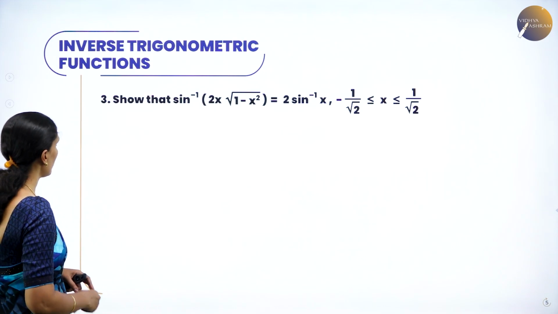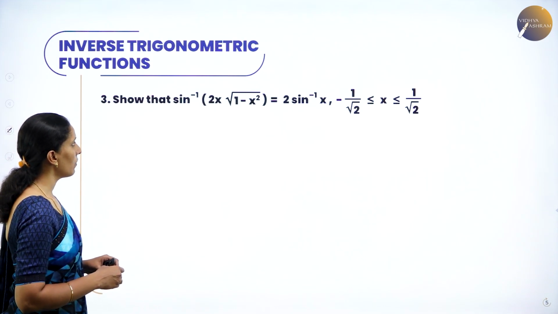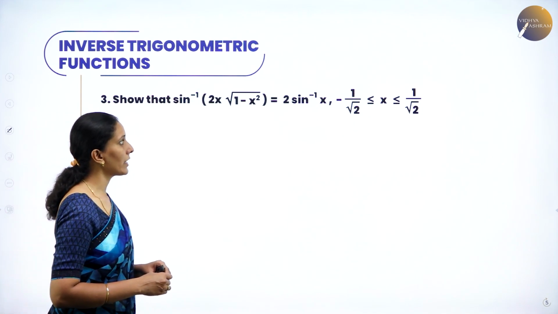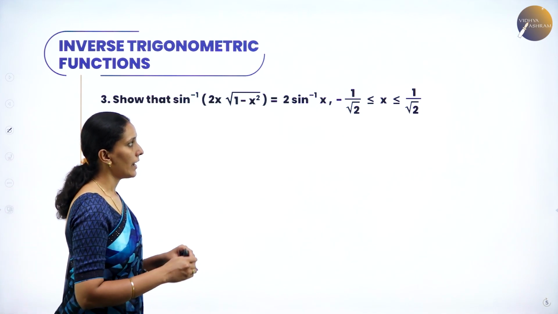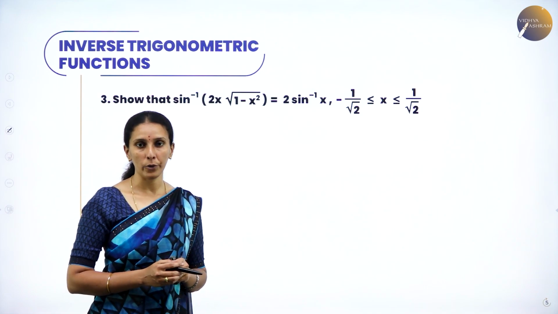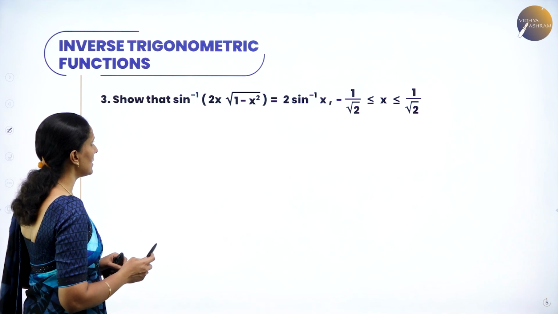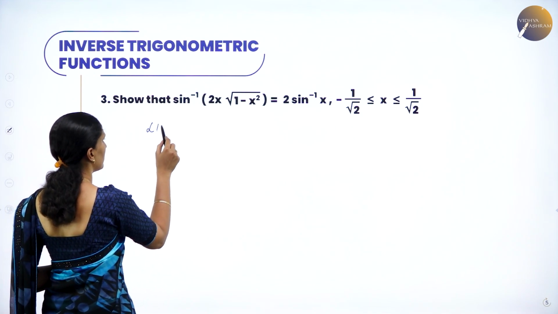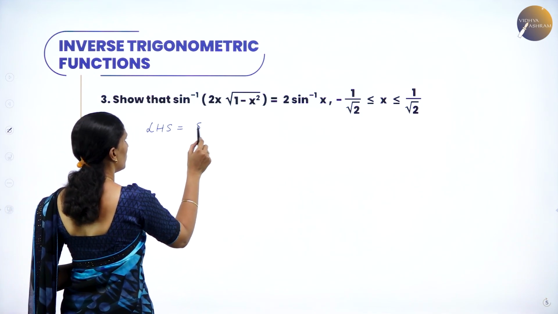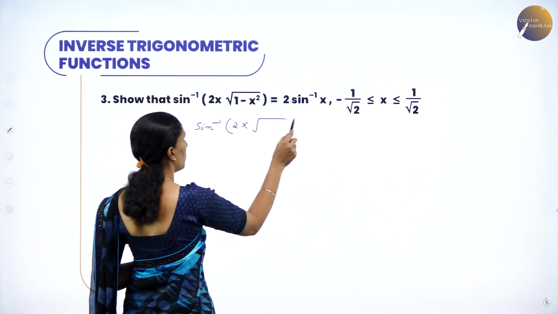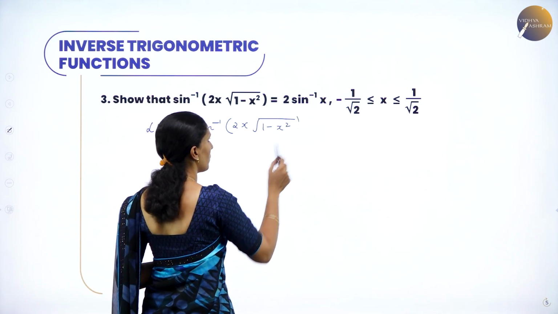Next, show that sine inverse of 2x square root of 1 minus x square is 2 sine inverse x, where x lies between minus 1 by root 2 and plus 1 by root 2. So here let us consider the left hand side, sine inverse of 2x root of 1 minus x square.